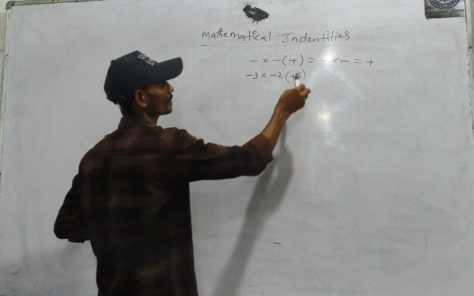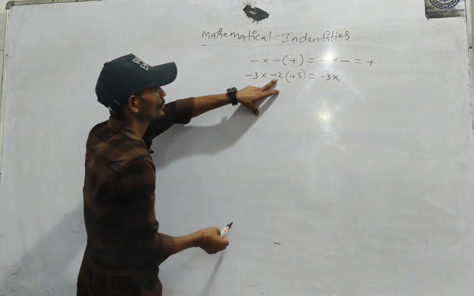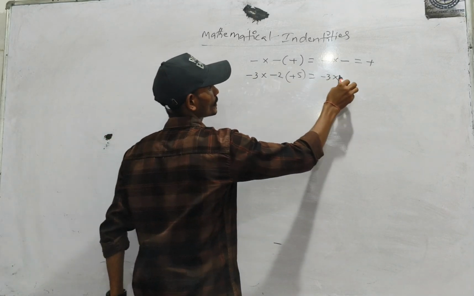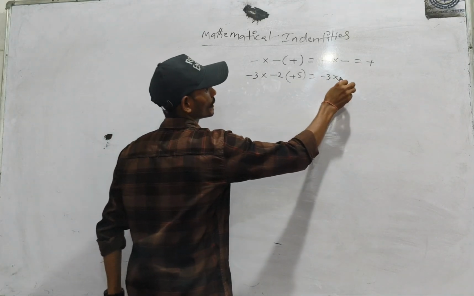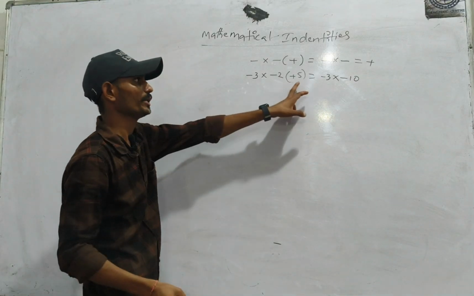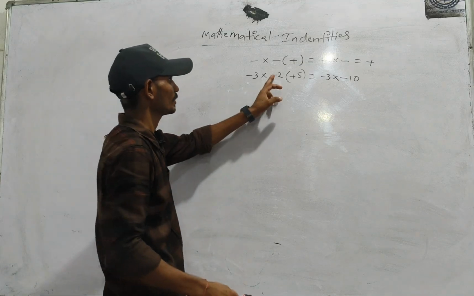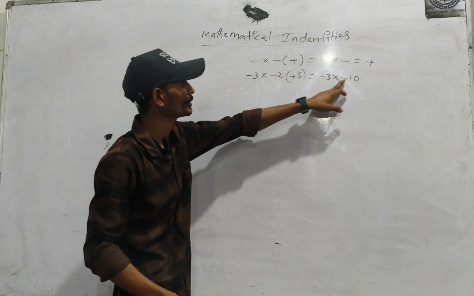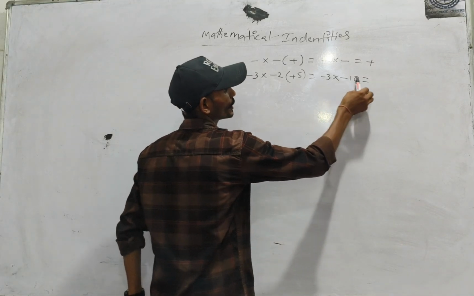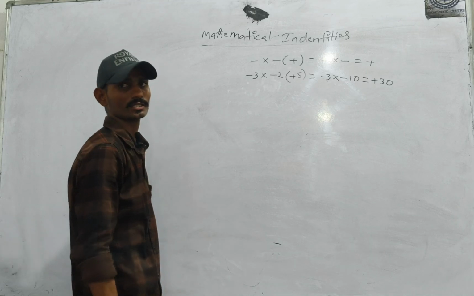Observe carefully: minus 3 into minus 2, negative into negative, is positive, 3 twos are 6. Then positive into plus 5 is 30.